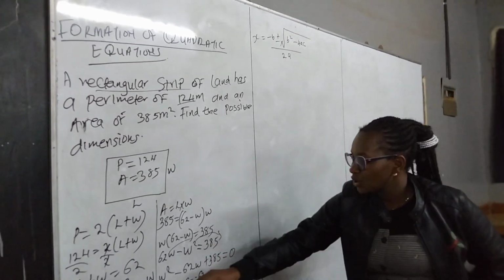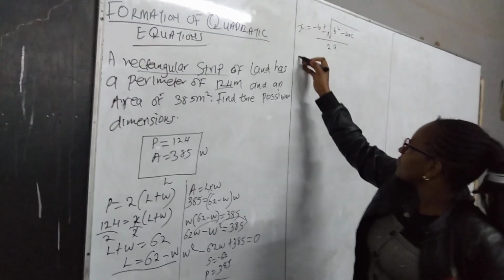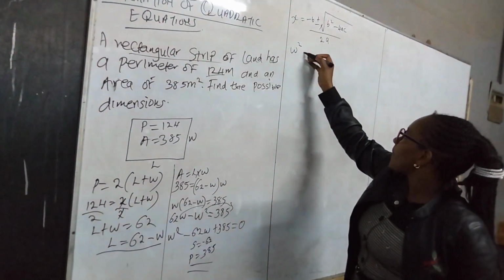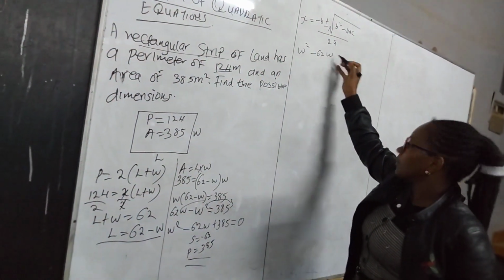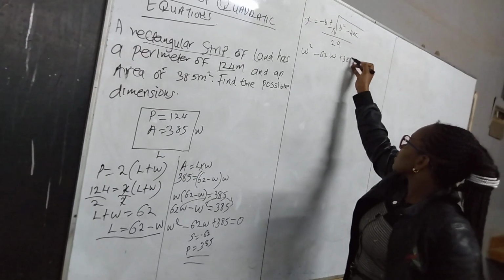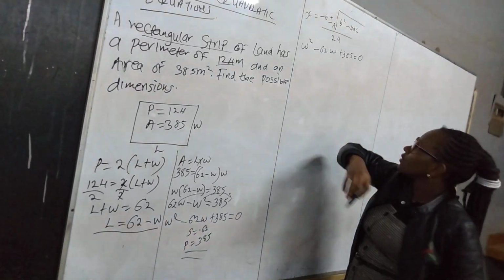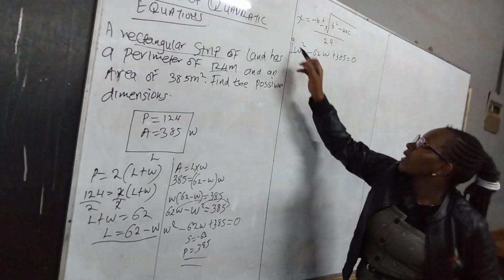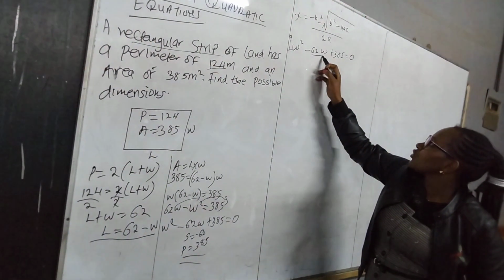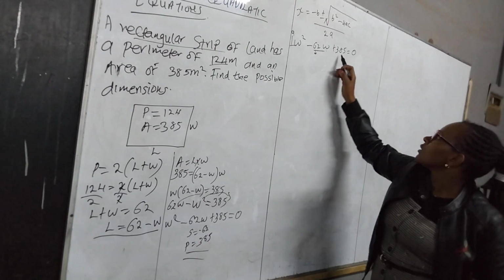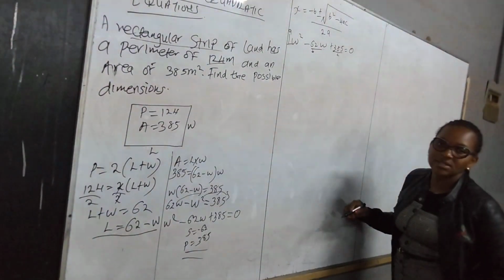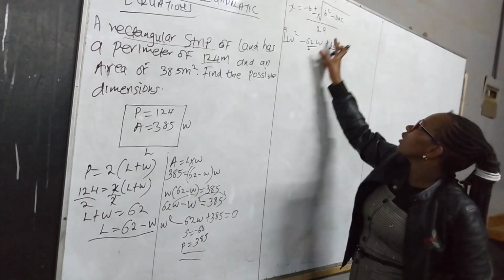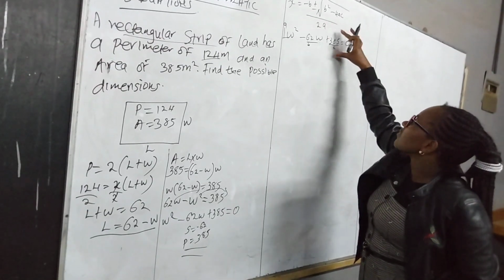In our equation here we have W squared minus 62W plus 385 is equal to 0. The coefficient of W squared is our a, the coefficient of W is our b, and this one is our c. So we just apply our formula and take the values from our equation.